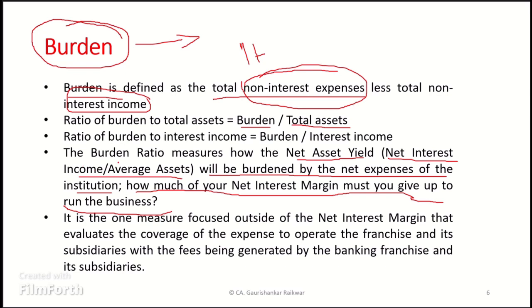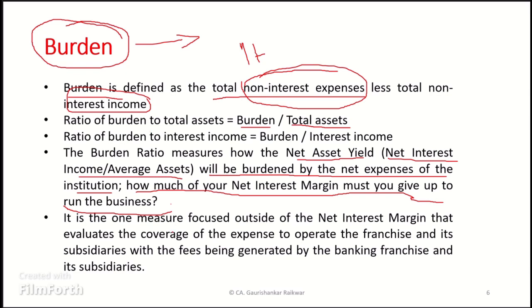So the burden ratio measures how the net asset yield, meaning net interest income divided by average asset, will be burdened by the net expenses of the institution. It means how much of your net interest margin you need to give up to run the business. So if there is a burden, you need to give up your NIM to manage these expenses.